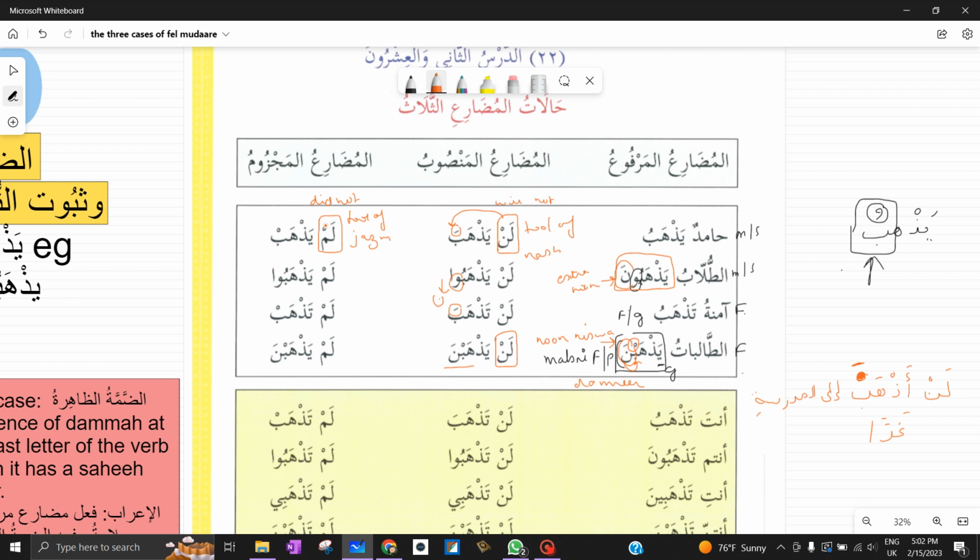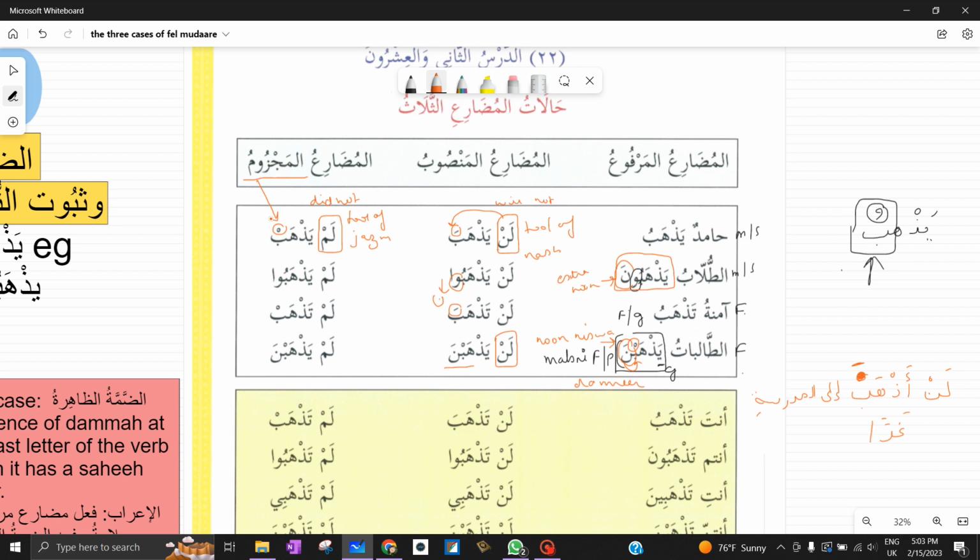Now, when you want to say at present, like he did not write his homework, you will say lam taktub ad-darsa. And what changes does it bring? Whenever you see lam before a present tense, know that from fatha it changes to sukoon. And majzoom cases are denoted with sukoons, not kasra.